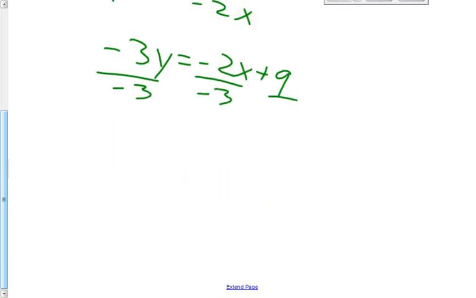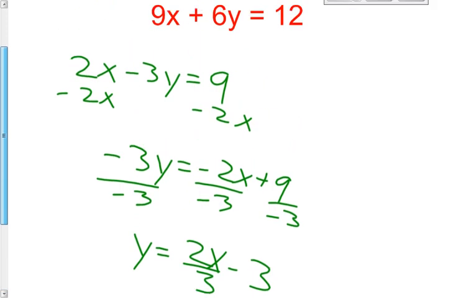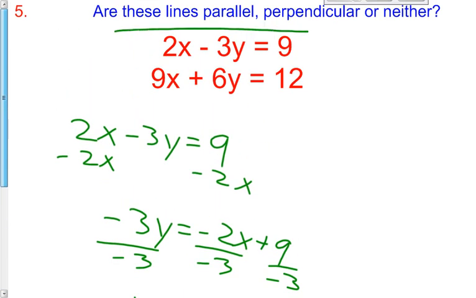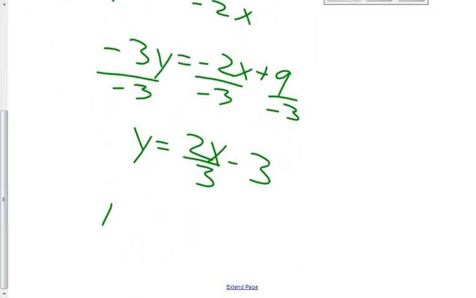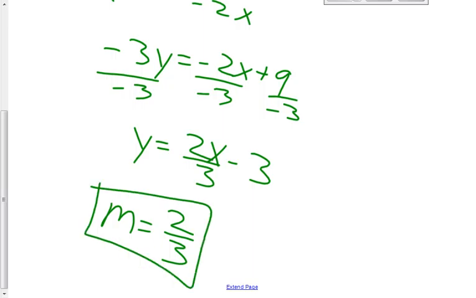Divide by negative 3. Divide by negative 3. y equals a negative divided by negative is a positive 2/3 x minus 3. So what is my slope of my first line right here? It is a positive 2/3. It comes from right here.